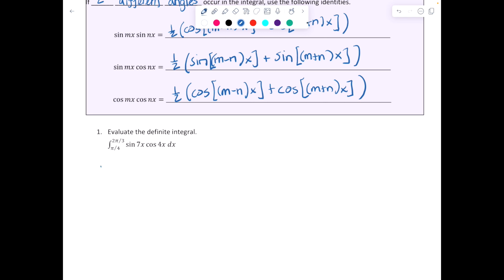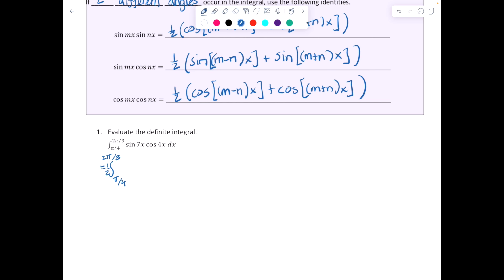All right, so this will be equal to the integral from pi over 4 to 2 pi over 3. Now we have the sine times the cosine situation with different angles, so there'll be a 1/2 on the outside. I'm doing that from the formula.